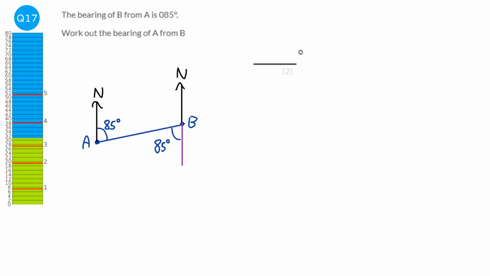It's always best to write that down somewhere, so we can just put in brackets here alternate angles, and we know that this angle here is going to be 180 degrees because it's a straight line. And I'm not a fan of doing the reasons on the diagram, so maybe perhaps I should have labelled this an x and this a y and written x equals 85 and y equals 180 somewhere else.